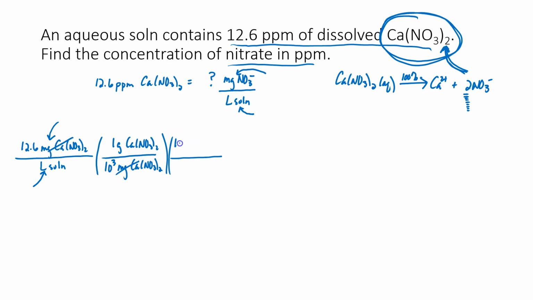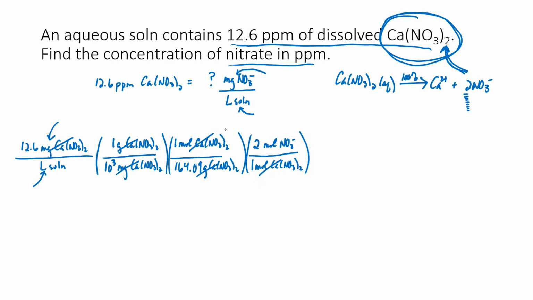So for every 1 mole of calcium nitrate, I'm going to have 164.09 grams of calcium nitrate. And then now I can either use this equation I've written, or I can just look at the formula and remind myself that for every 1 mole of calcium nitrate, I've got 2 moles of nitrate.